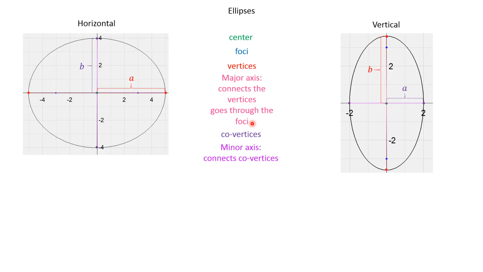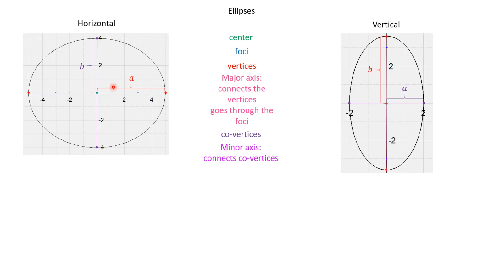The book does this differently. They always put the distance from the center to the vertex as A, and the distance from the center to the covertex as B. And so in vertical, it's switched. I think that's stupid, because what it does is it changes all the equations around except it leaves one of them the same, and we can fix that by putting absolute values on that one equation, and we don't need to worry about switching everything else.